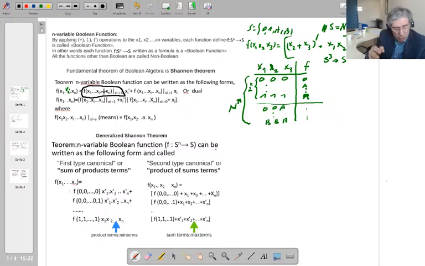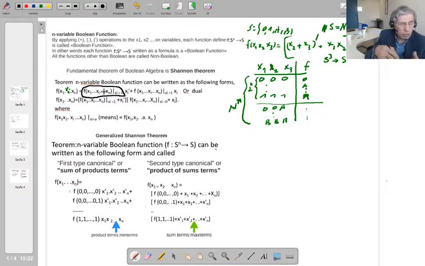If it is a summation next to it, 0 plus something gives you whatever you summed with. If it is 0 multiplied, whatever terms you multiplied with, that term disappears. So if you have an n variable Boolean function and you replace one of the variables with 0, you're going to get an n minus 1 variable function.